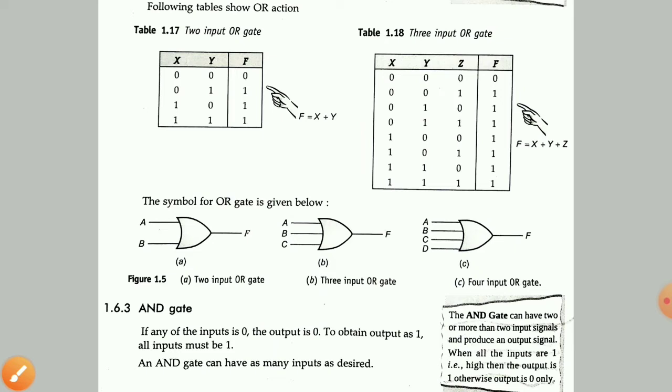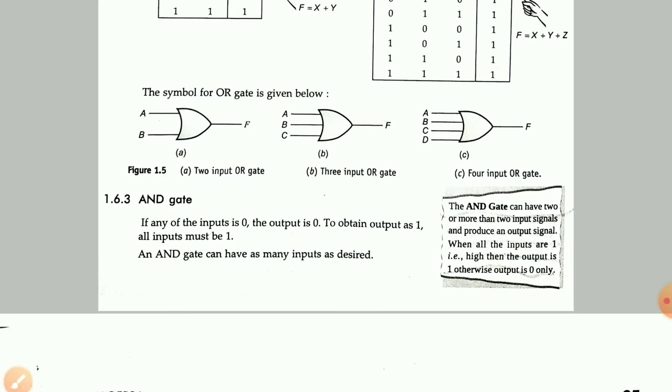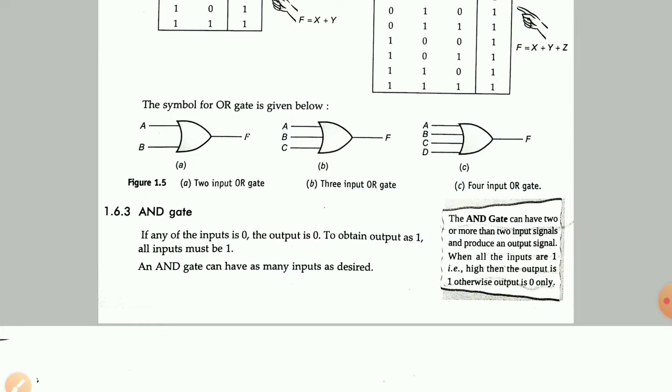Now let's move to the AND gate. The AND gate also has two or more inputs and produces only a single output. If all the inputs are true, then only it will give you output 1. Otherwise it will give you 0.